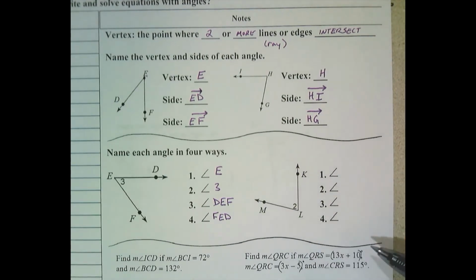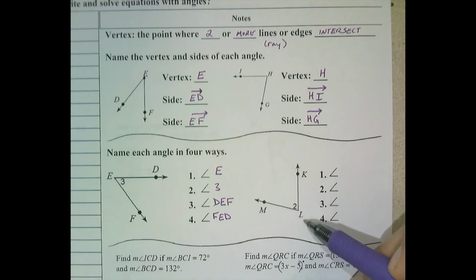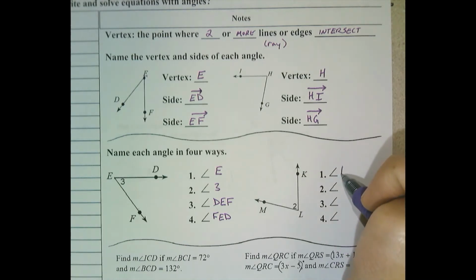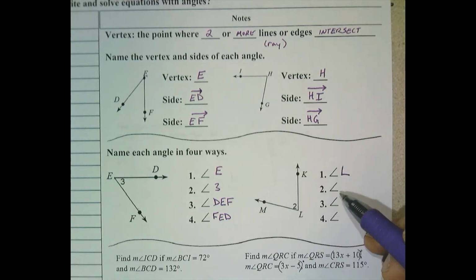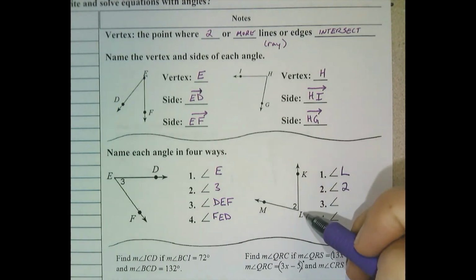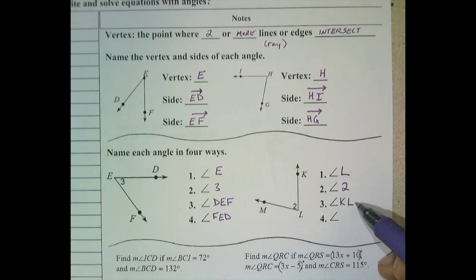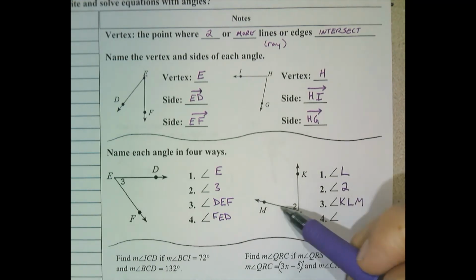In our second diagram, if we go through the same process, the vertex is at point L, so angle L works. Usually a single letter will work if there's only one angle in the drawing. So, number 2, or KLM, or if we go backwards, angle MLK.